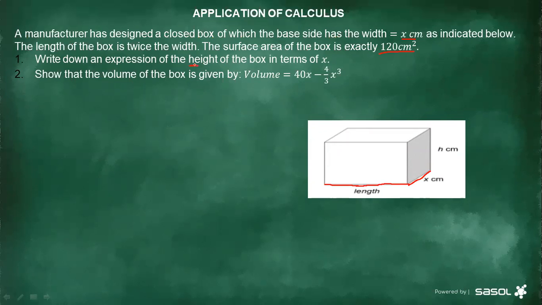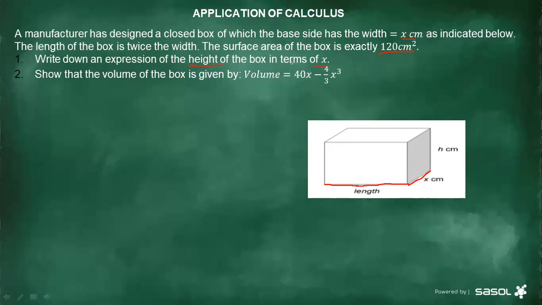Every time you are reading a scenario from a question on application of calculus, whatever is given in the scenario, you are going to use it in order to answer the first question. For instance, you can see from this scenario you are given the surface area of the box, which is 120 centimeters squared. To address the first question, you have to start by writing the surface area. That is the first step.